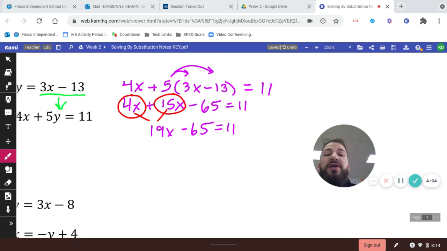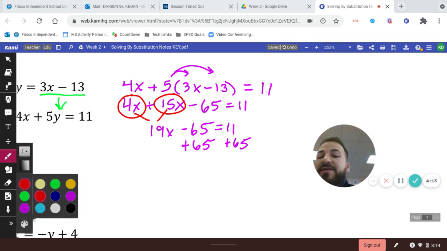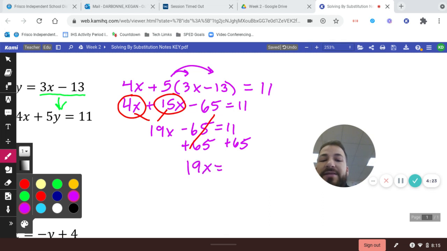And then from here, I'm still trying to solve for x, so my next thing I can move is my 65, so plus 65 plus 65 cancels out over on the left. 11 plus 65. Remember, you can always jump to your calculator. There's never any shame in using your calculator. So 19x is equal to 11 plus 65 is 76.